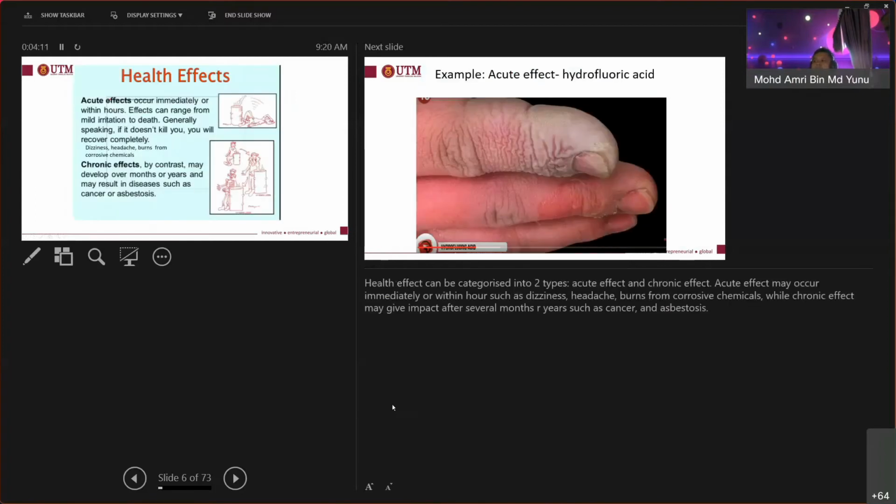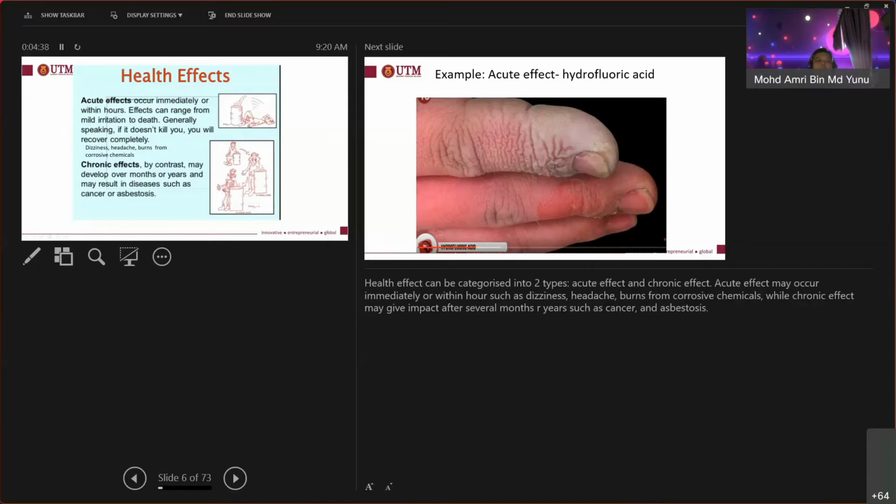It's always important to know the awareness of chemical effects. The health effects of chemical hazards can be categorized into two types: acute effect and chronic effect. Acute, basically the symptoms emerge immediately, like fainting. For example, petrol.